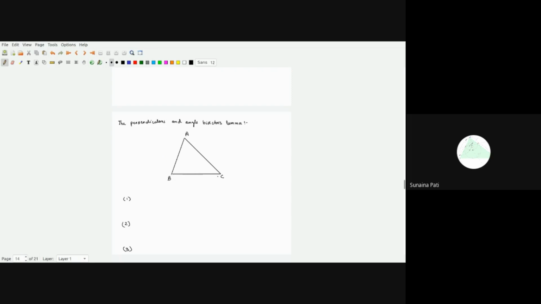Now this lemma says that you have the angle bisector.